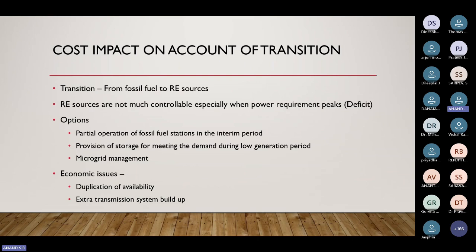Pumped storage scheme per se, if you look, the capital cost involved could be almost comparable to BESS for about 4 hours storage. So beyond 4 hours, it is always economical to go for pumped storage. Pumped storage schemes require 2 reservoirs.